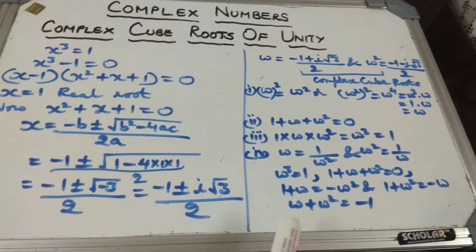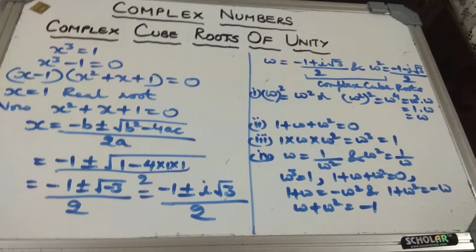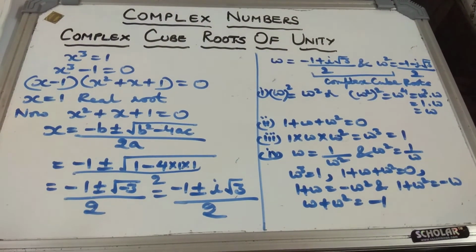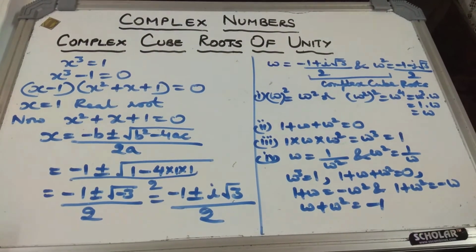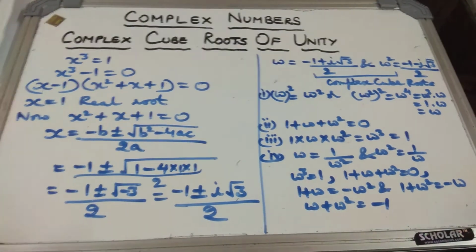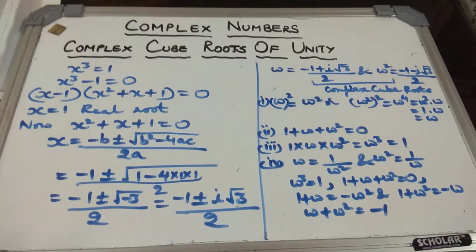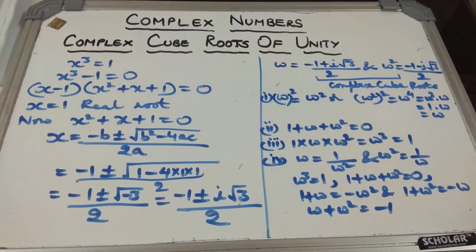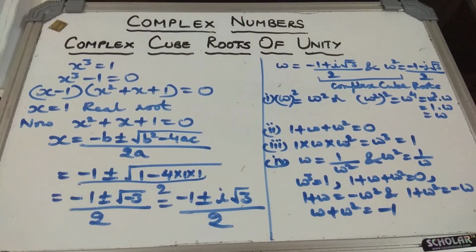Omega plus omega square is equals to minus 1. So these are the complex cube roots of unity as well as the properties of complex cube roots of unity. We need to go through these and keep all these properties as well as this article into consideration.